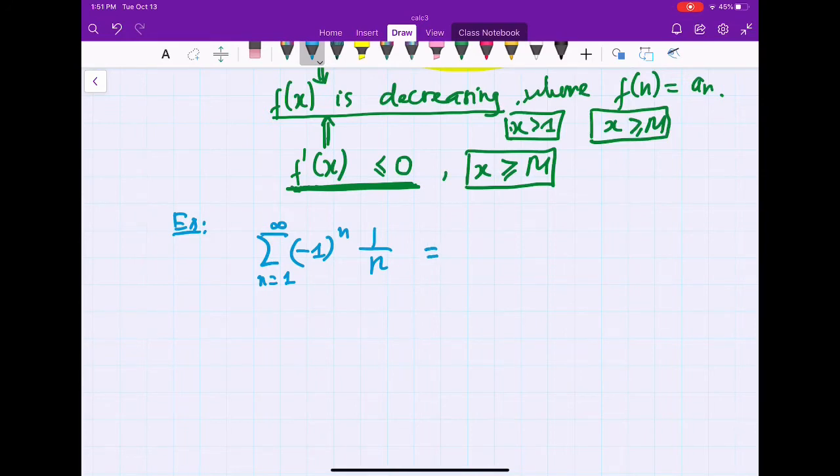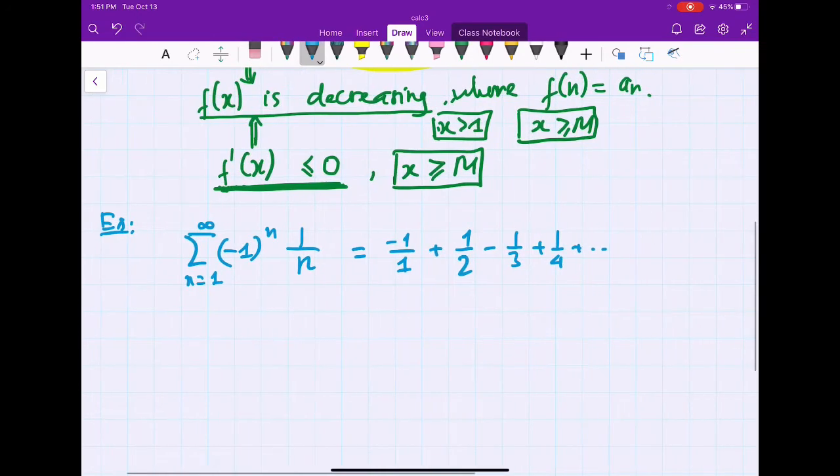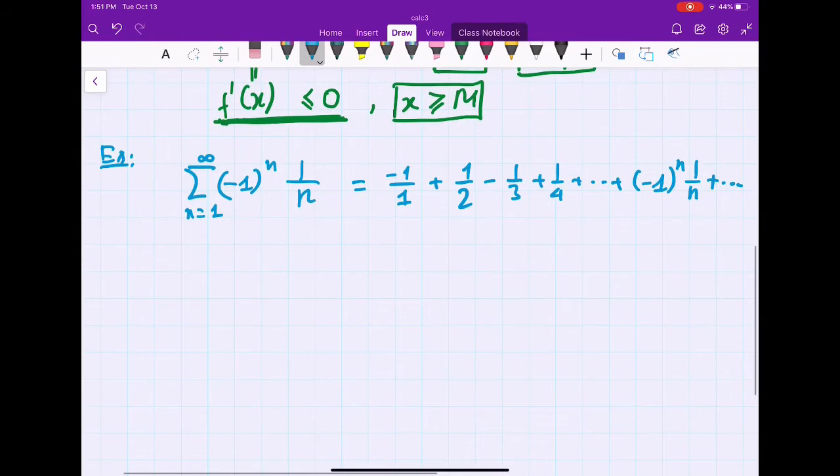If you write this series, you will see the following: -1/1 plus 1/2 minus 1/3 plus 1/4, and so on, plus (-1)^n times 1/n. You see the harmonic series in this series, right? Because the harmonic series looks like the sum of 1/n from 1 to infinity.